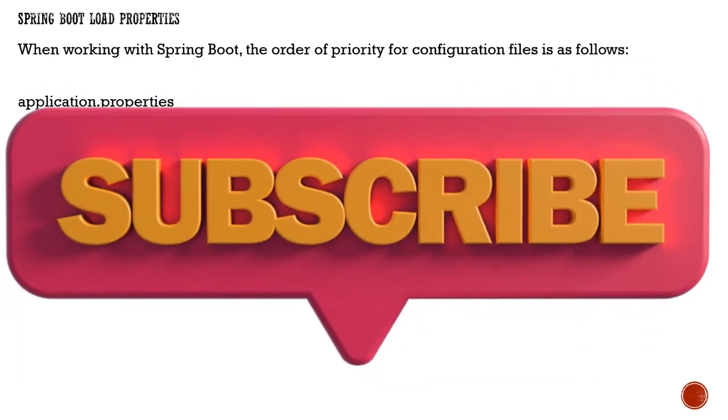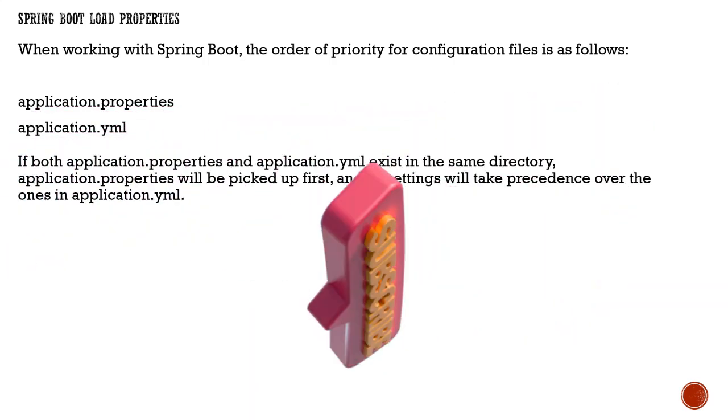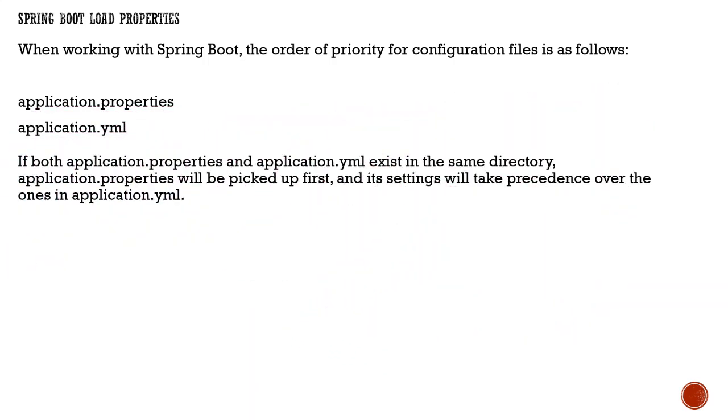Now, when you are working with Spring Boot, the order of priority for a configuration file is like this below. Apart from what we discussed in the previous slide, where the command line takes precedence, when it comes to having properties defined in application.properties and the YML, which one is going to take precedence and load first, we'll discuss that as well.